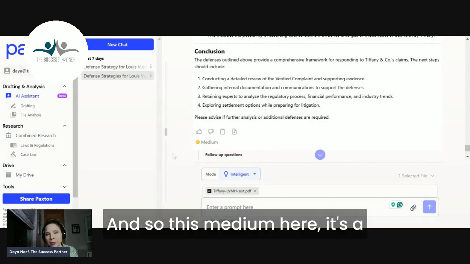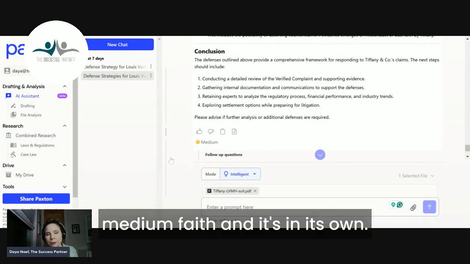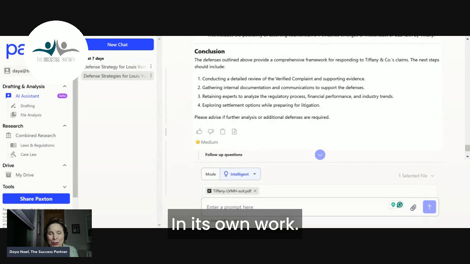Okay, and so this medium here, it's a medium faith in its own work.